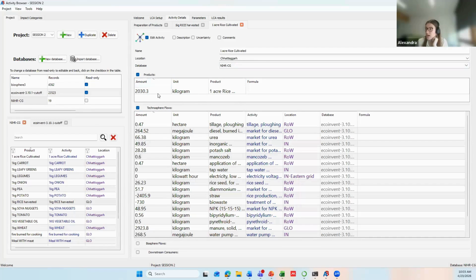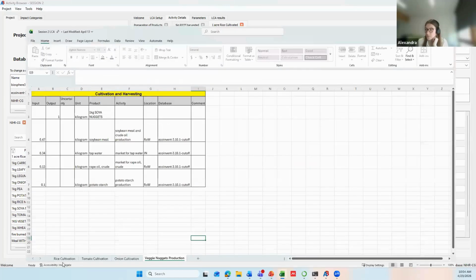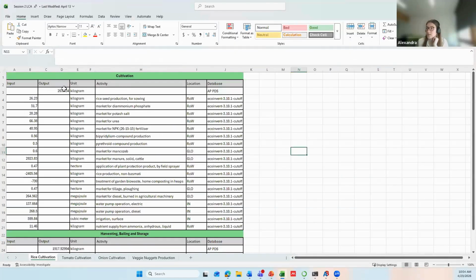So you need to change the outcome. If our product is 1 acre of rice cultivated, what will be the output of rice? This is based on the life cycle inventory. As you can see here in the life cycle inventory, the output is 2030.34. And here we have all the inputs.